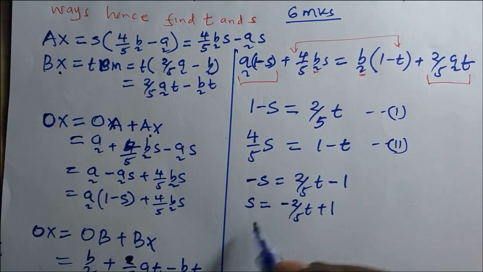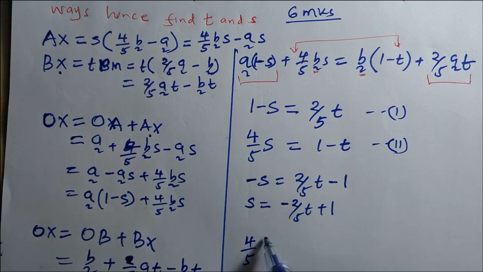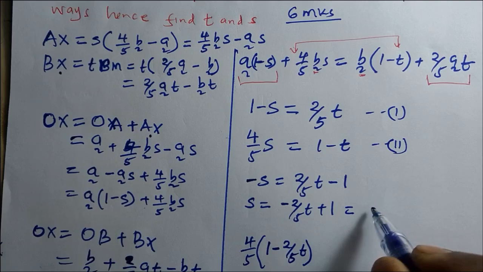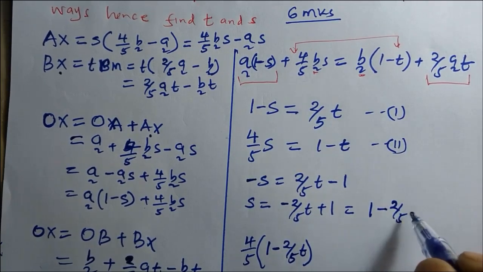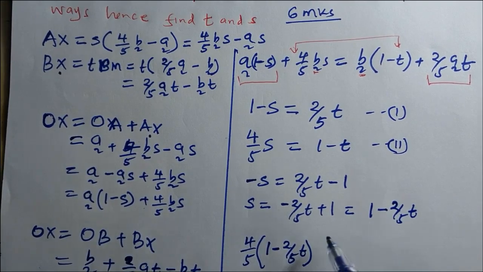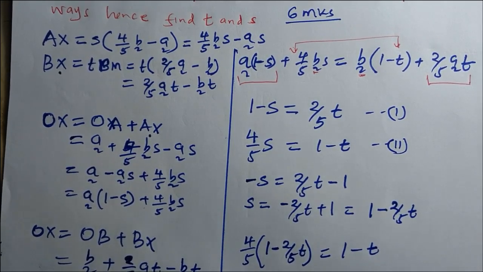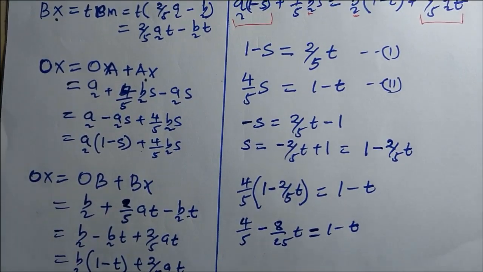So I will substitute here, 4 over 5S. Instead of S, I will say 1 minus 2 over 5T, which will be equal to 1 minus T. So open the bracket: 4 over 5 minus this times that, nothing cancels, so it becomes 8 over 25T is equal to 1 minus T. Like terms together: you bring this there and this one here.